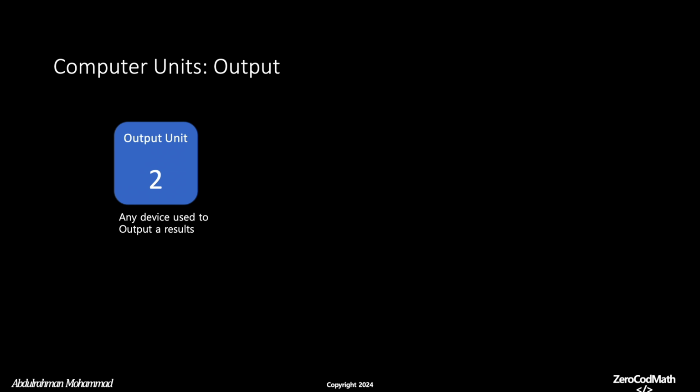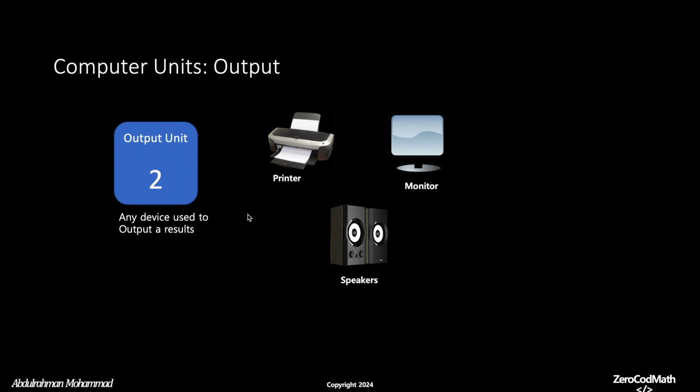Secondly, we have output unit. It is any device used to output a result, like printer when you print something, speakers when you listen to music, monitor as you watch this video now. It is an output result.